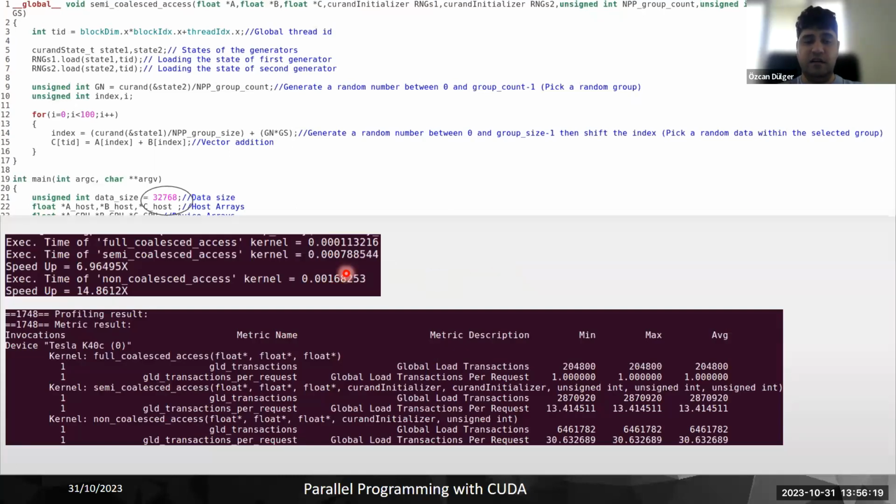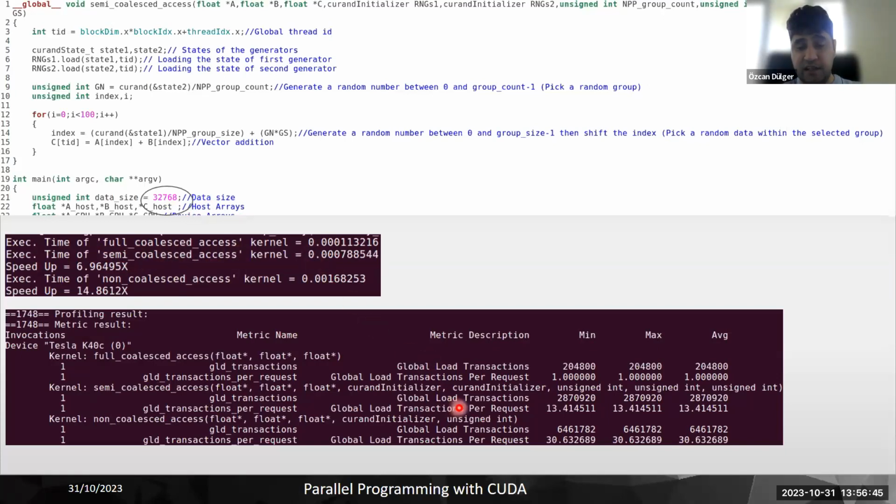Let's check the results of the profiler and the execution time. Now the execution time of semi-coalesced access is 0.0074 for the data size equal to 32,768, and we obtain around 7x speedup with our semi-coalesced kernel.